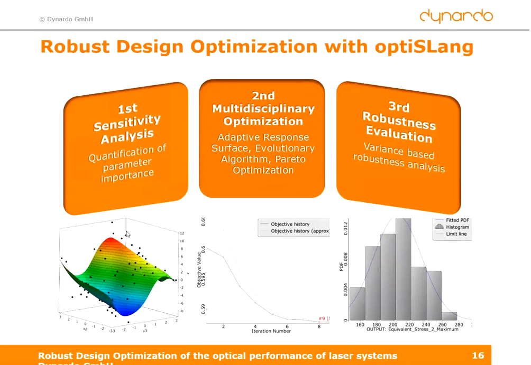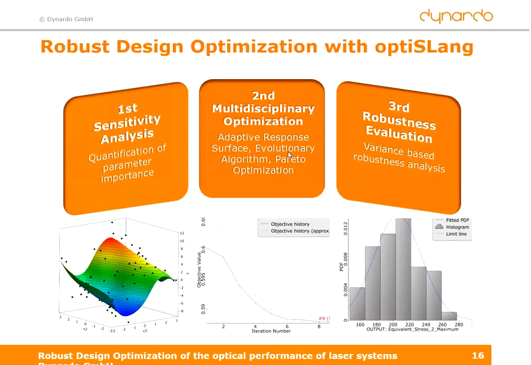And with this information, you can start the optimization as a second step. Because then your optimization will be very efficient with this knowledge, because you reduce the parameter range and amount, and you can then define very sufficient objective functions.